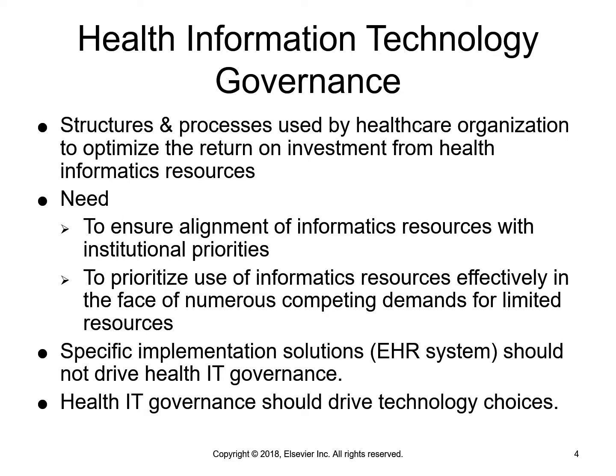The critical nature of effective health IT governance then arises from the following fundamental interrelated needs. The need to ensure alignment of health IT resources with institutional priorities, and the need to effectively prioritize the use of health IT resources in the face of numerous competing demands for these very limited resources.